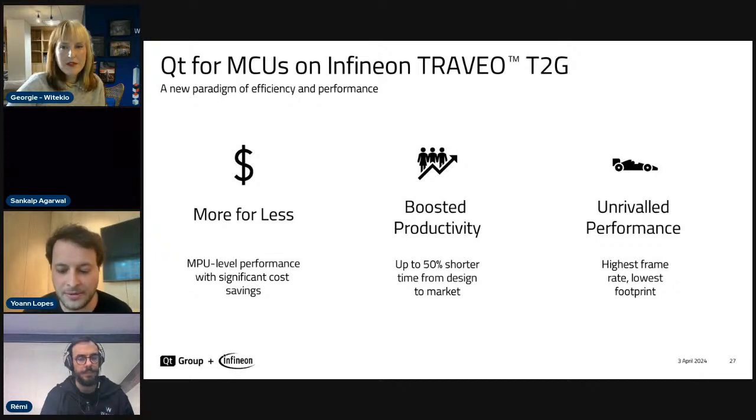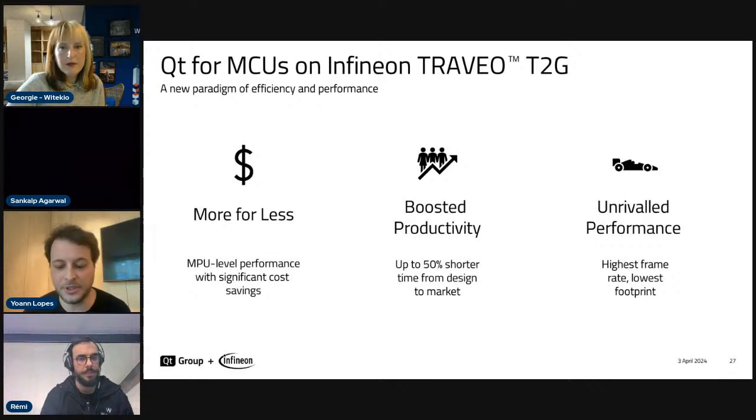And here again, what we can say is that with this platform, it's possible to achieve, let's say, MPU-like performance with similar kinds of requirements and tools. So in the end, you get more for less. With the Qt tools, you benefit from the same boost of productivity.